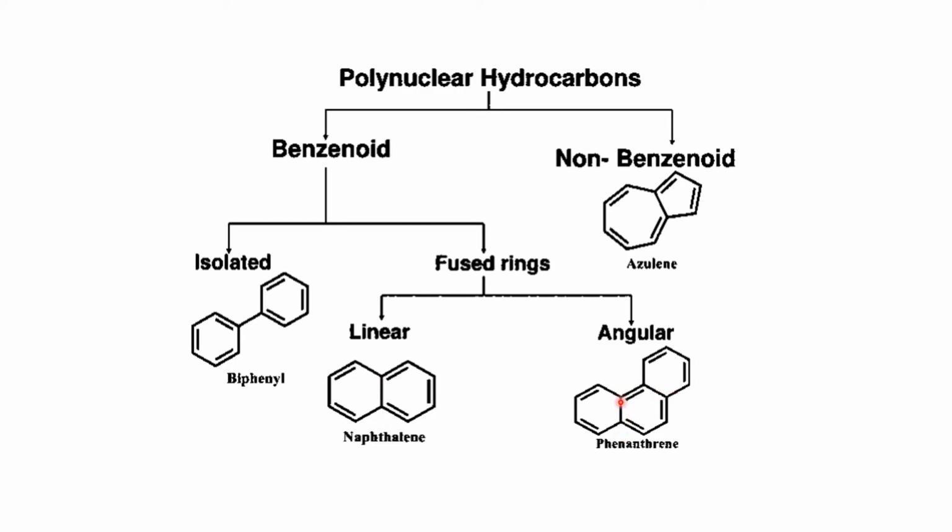Here also these two carbons are common. So when two rings are isolated, when they don't share any carbon in common, they fall under isolated category. And in between them, we may have another carbon also, like diphenylmethane. So still they are isolated because two rings are separate from each other.